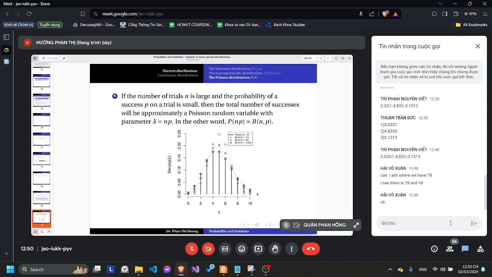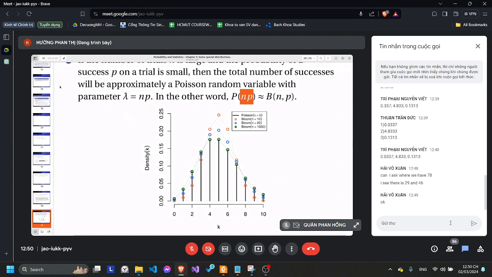We said that if n is large and p is small, then the binomial distribution will be approximately equal to the Poisson distribution with lambda equal to n multiplied by p. To illustrate this property, look at this figure.